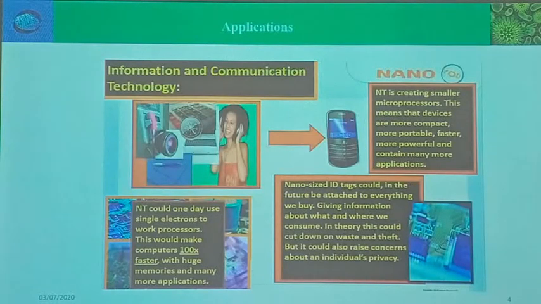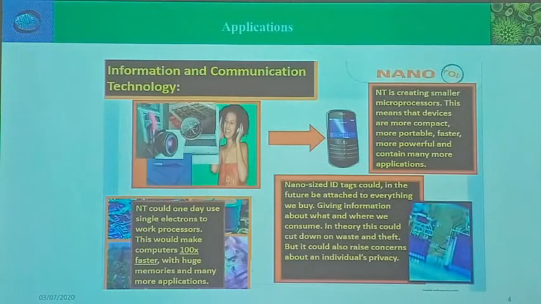The size of the processor is very small compared to the microprocessors of earlier years. This means the devices are more compact, more portable, faster, more powerful, and contain many more applications.